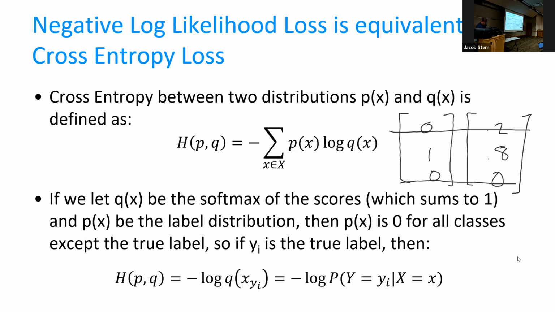And that's written here at the bottom as well. And actually, this y_i on the bottom should be outside of the parentheses, because that indexes the predicted probability vector.